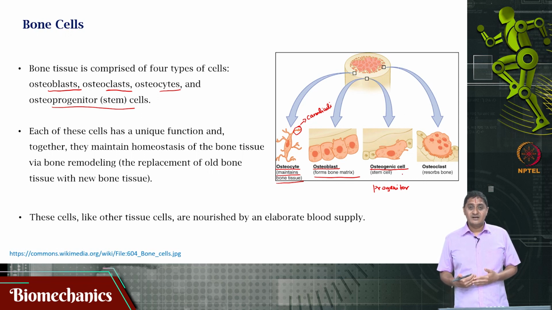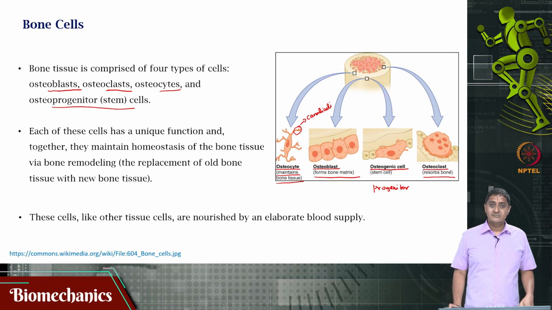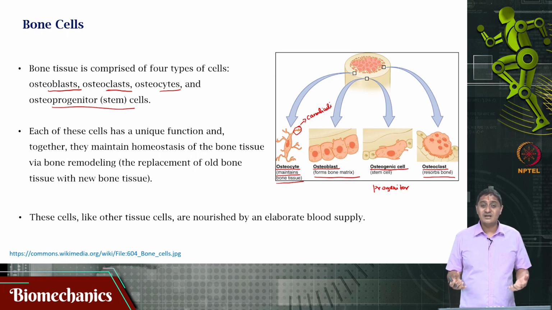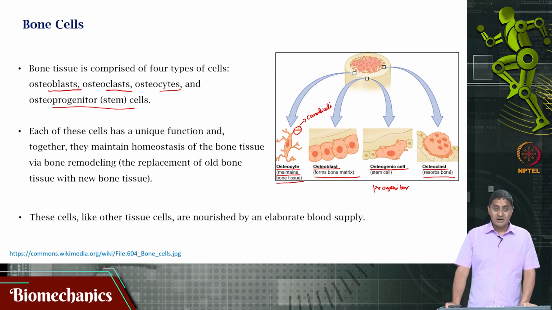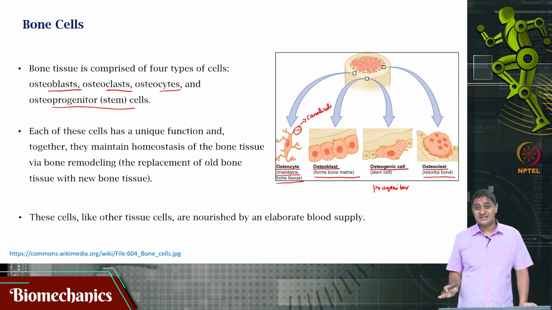Then you have a special type of cell called osteoclasts. Please remember the distinction between blasts and clasts. Blast is what spreads around, clast is what absorbs. Osteoclasts are special bone cells originating from macrophages and monocytes, other stem cells than the osteoprogenitor cells.